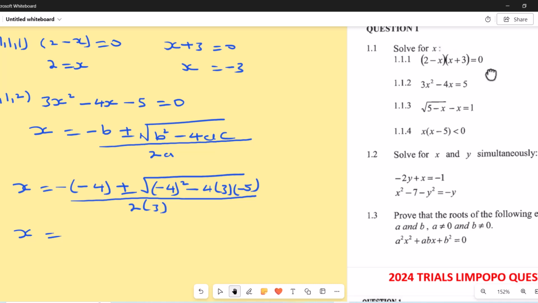We give our answer to 2 decimal places, so x equals 2,12 or x equals negative 0,79. Hope we are together.